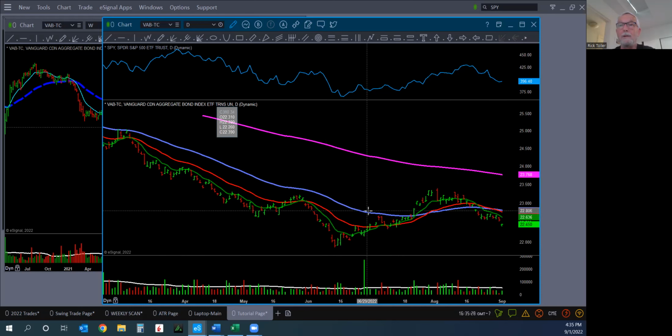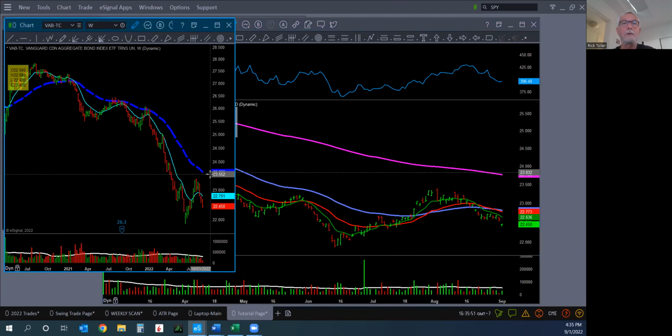I have 4 moving averages on here, which correlate to the model that I post every night. The green one is an 8-day moving average. The red one is the 21-day moving average. The blue is the 50, and the magenta is the big daddy, the 200-day moving average. Next to it, I do have a weekly chart.